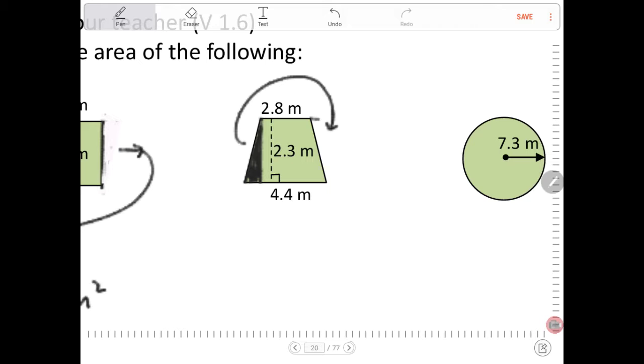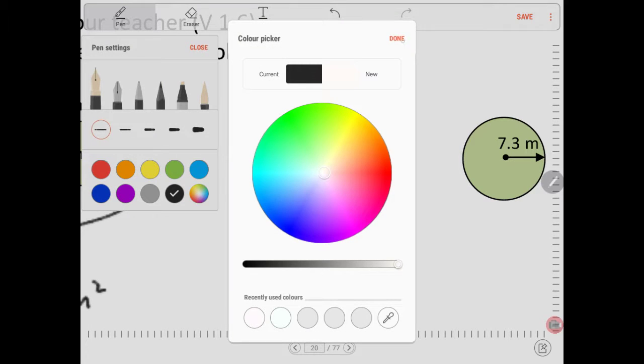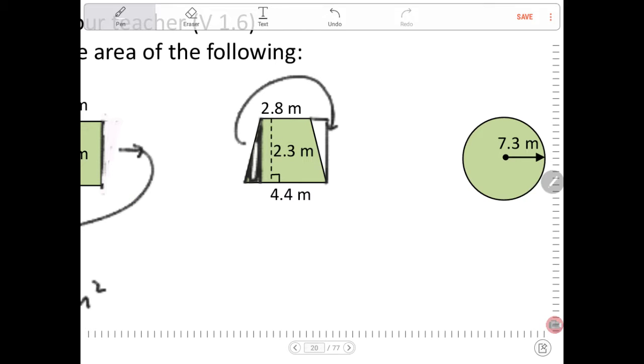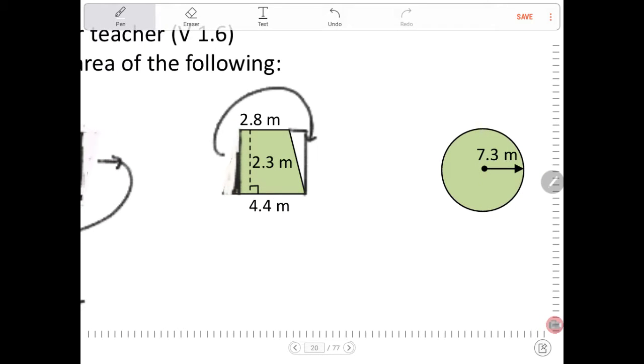We make another rectangle. So let's make that look like a rectangle. We'll scrub out this piece here. That's gone. We put it over the other side. And now we've got a rectangle.